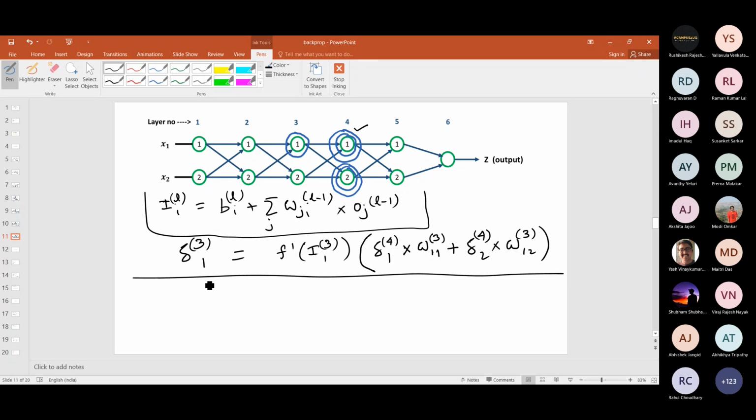So if I come up with a general number, it's basically delta, say L I, for any neuron of any layer. If I want to do that, can you please suggest the closed form expression for this one, the generalized form? Somebody could suggest what would be this expression.